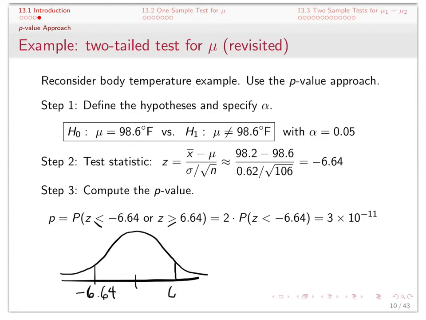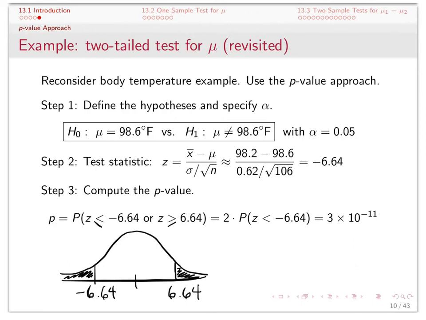Equally extreme is positive 6.64. And so more extreme then would correspond to getting values in the left and the right tails beyond the plus and minus 6.64. In other words, it'll suffice then for us to look at 2 times the probability of getting a z-score that's less than or equal to negative 6.64.